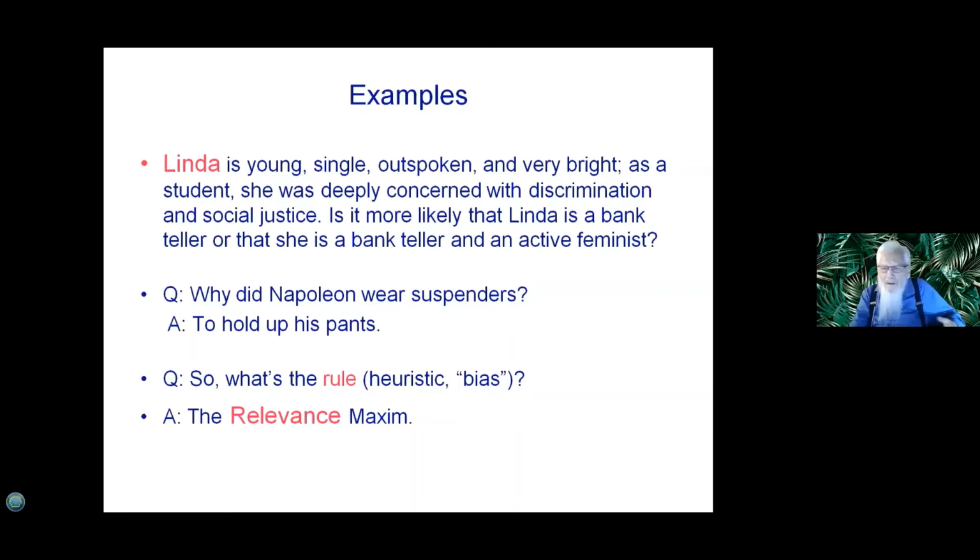I am in the process of going through them. There are about 116 heuristics and biases, okay? And I'm going through them one by one. And I haven't yet found one which does not usually yield good results, except in exceptional or contrived situations.